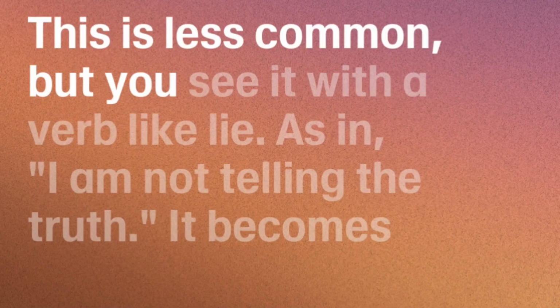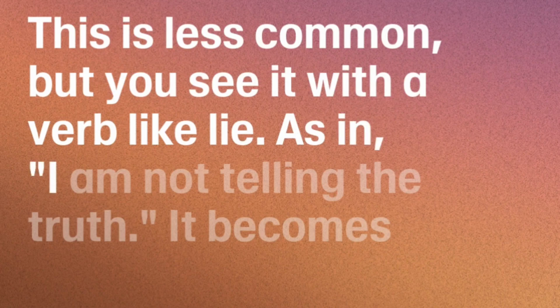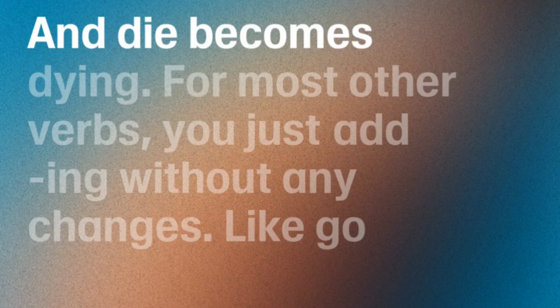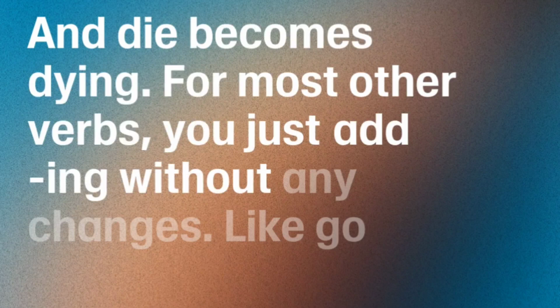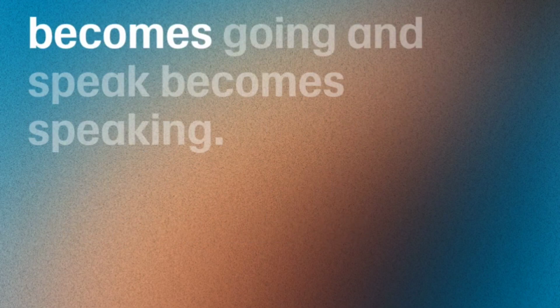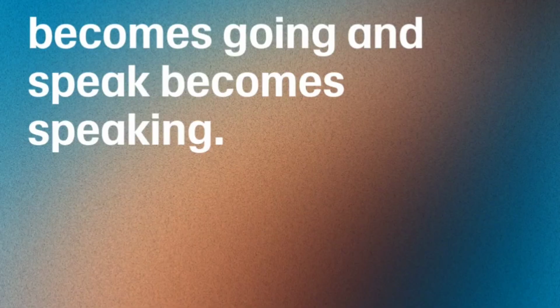This is less common, but you see it with the verb lie, as in, I am not telling the truth. It becomes lying, L-Y-I-N-G. And die becomes dying. For most other verbs, you just add ing without any changes, like go becomes going, and speak becomes speaking.